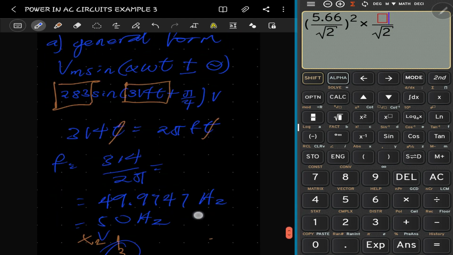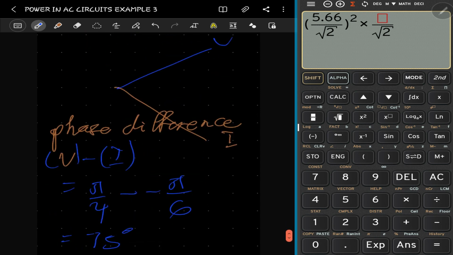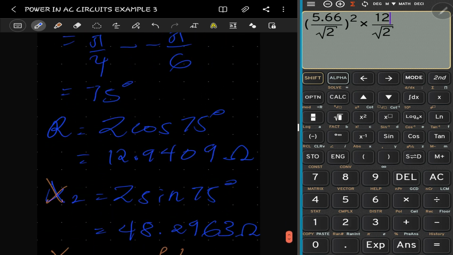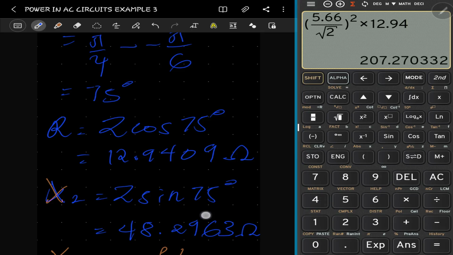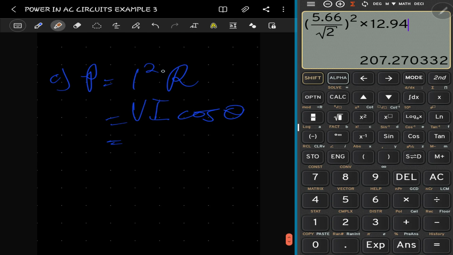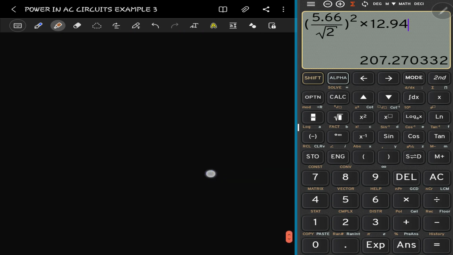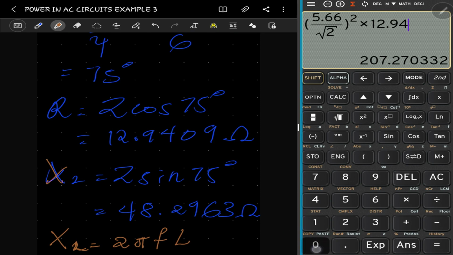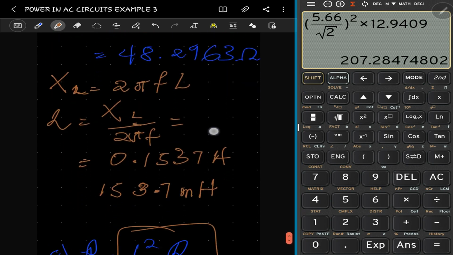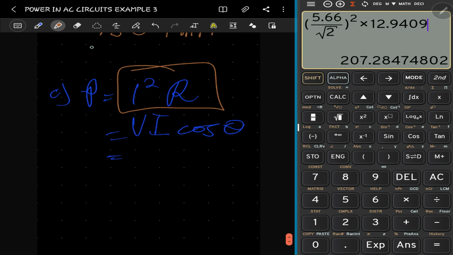What do we get for the R? R is not a sinusoidal quantity, so just 12.94. We are using this one to see what we get, right? 12.9409, and that gives us 207.2847 watts, right? The unit is very important.